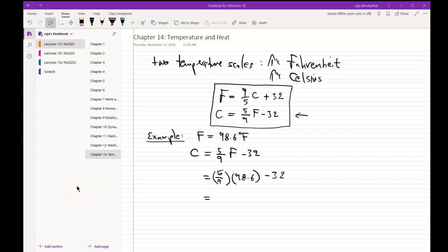I would just use my calculator. So we have 5 divided by 9 times 98.6 minus 32, and then the answer would be 37, right? Degrees Celsius. Okay.